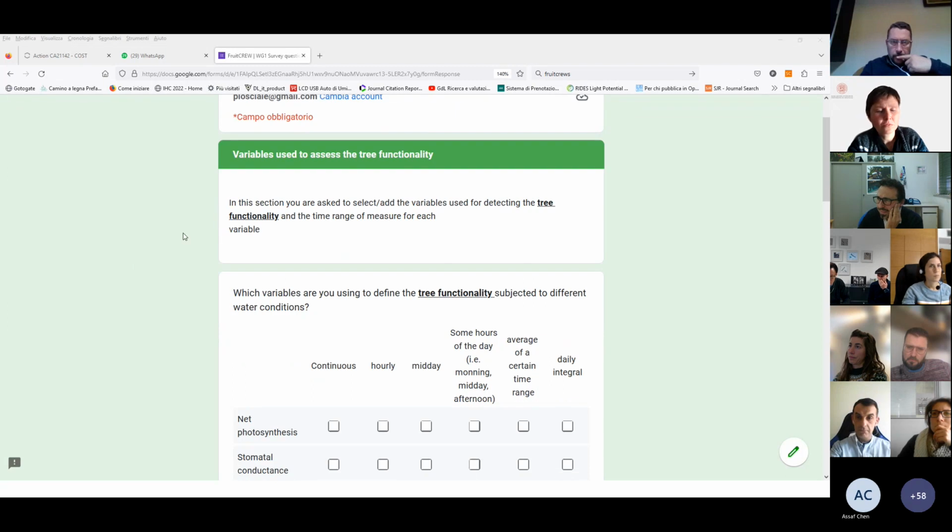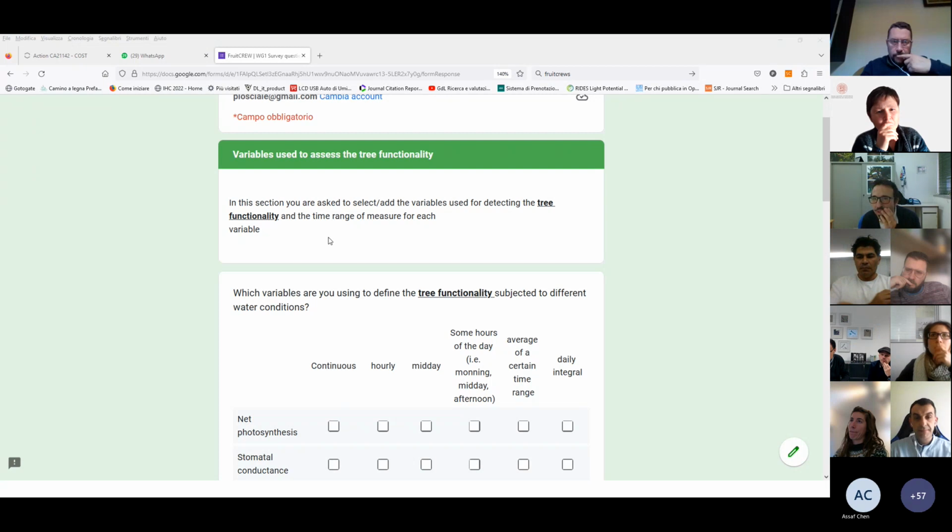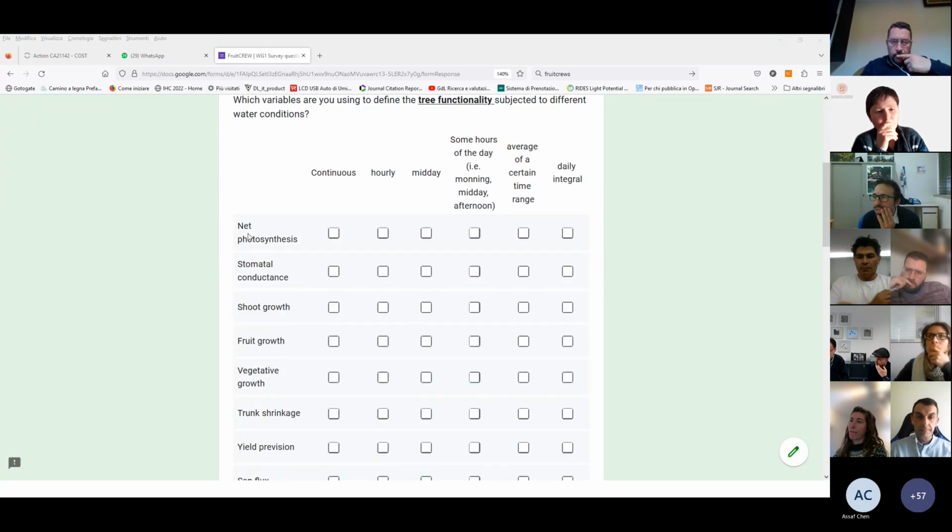So the second section is about the variables, for example, used to assess the tree functionality. So something that is linked to the water status, but sometimes is not properly the water status. And here again, we listed some variables.